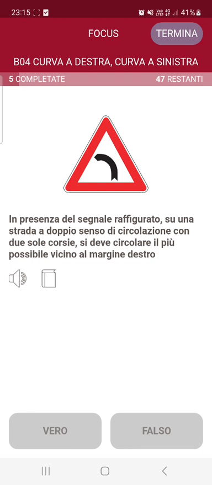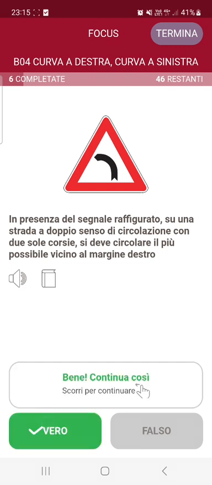In presenza del segnale raffigurato, su una strada a doppio senso di circolazione con due sole corsie, si deve circolare il più possibile vicino al margine destro. Verissimo. What does it say?